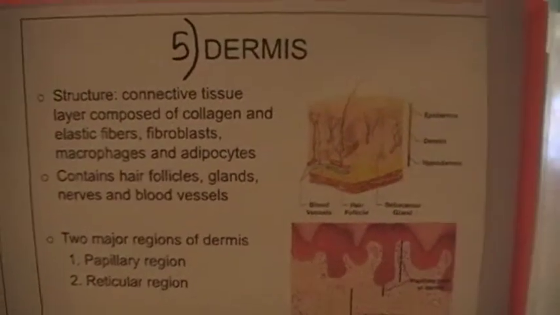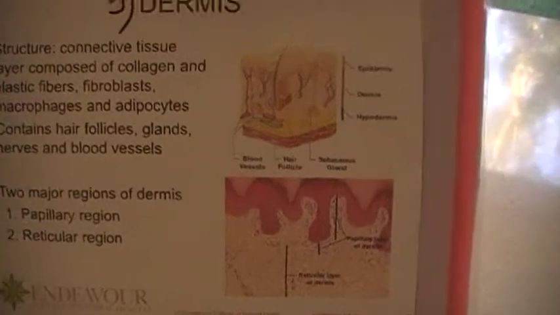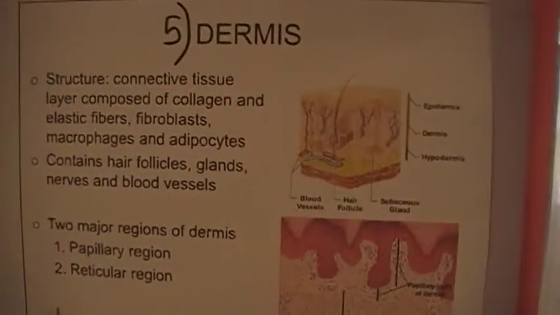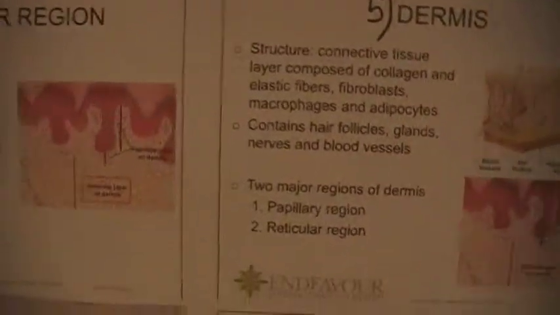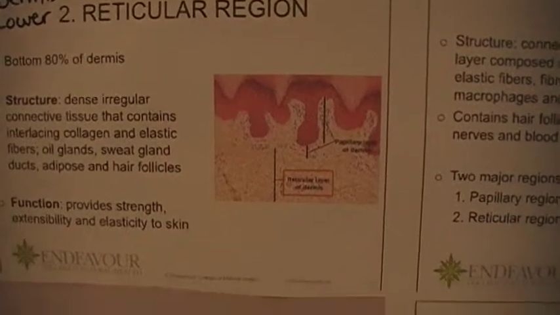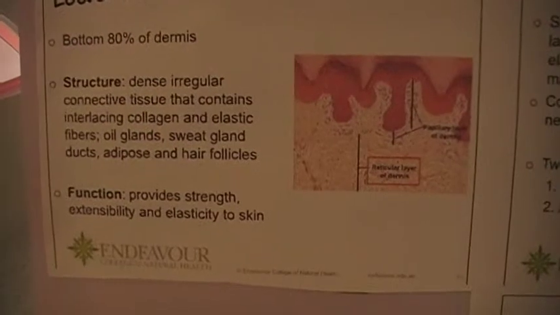But before that, we didn't mention that the structure of the dermis is connective tissue. After the papillary region is the reticular region. That's the bottom 80% of the dermis.